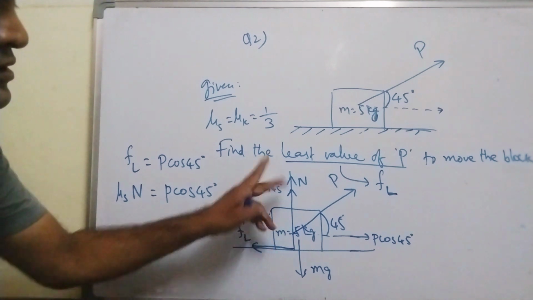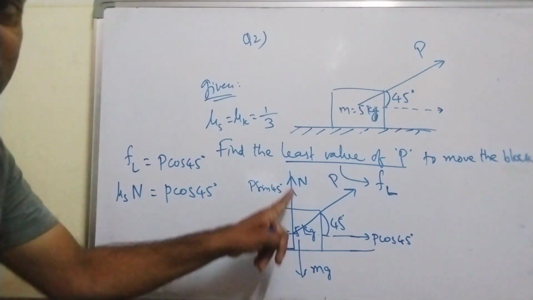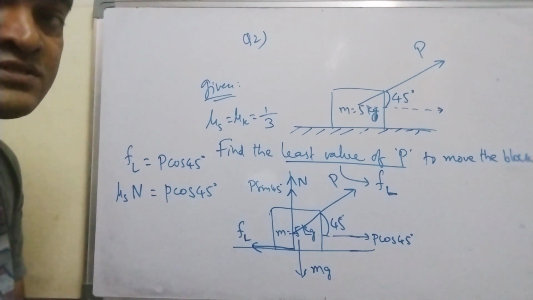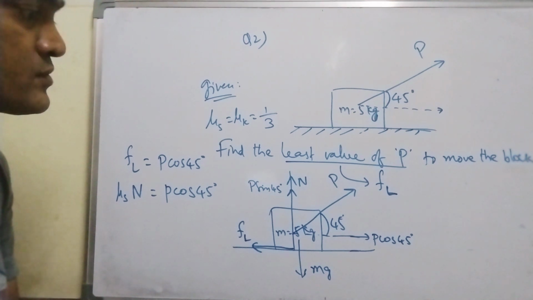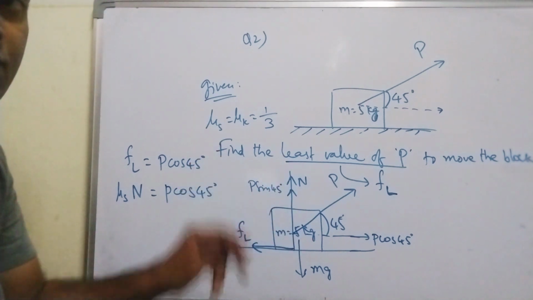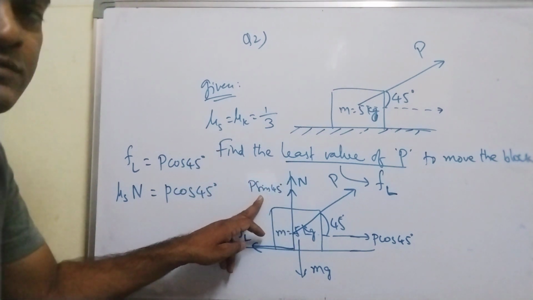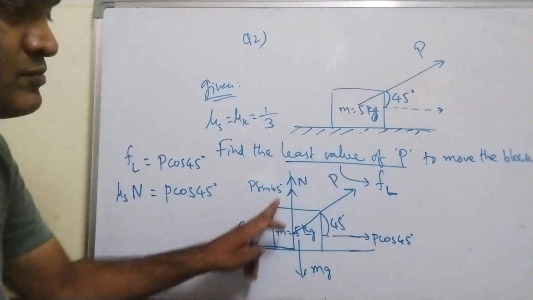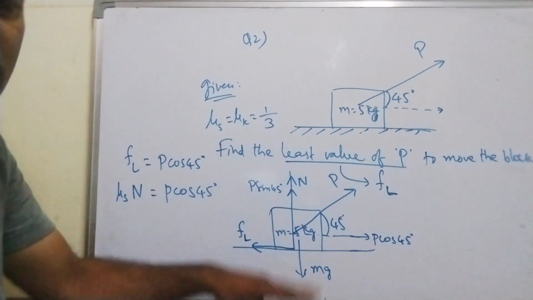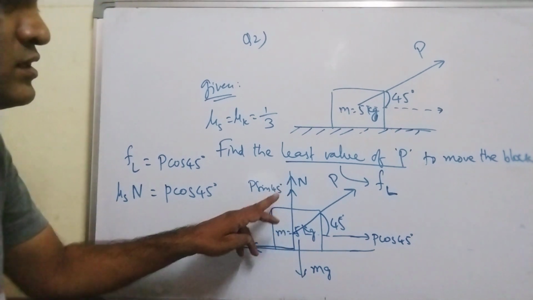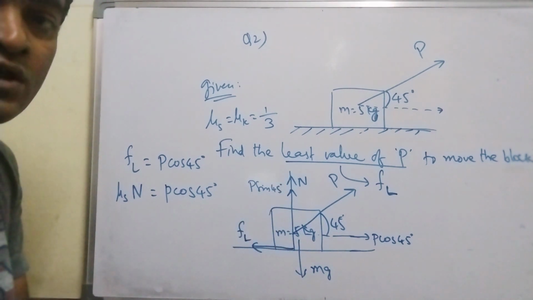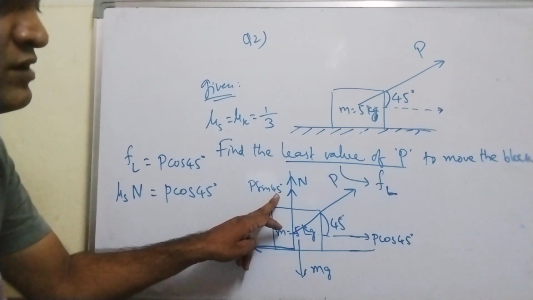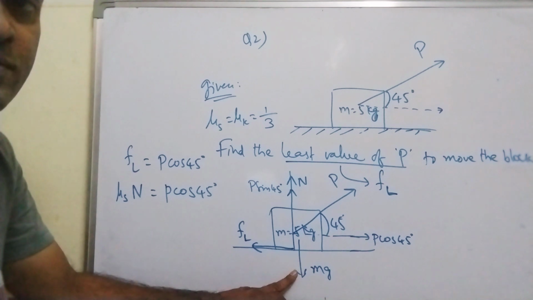But if you take along the y-axis, what are the forces that you can observe? On the upper side you have two forces. One is the normal force, the other one is P sin 45. The downward force is mg. As the block is not moving at all along the y-axis, the net force must be equal to 0 along the y-axis. That means the sum of upward forces must be equal to the weight of the block.